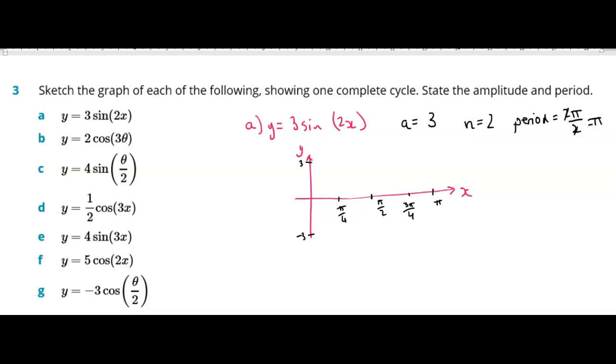That is the easiest way to do it, because the shape is the same, except for when we move it left or right. Okay, so that comes a little bit harder, but we always start with a sine graph, start at 0. We have our maximum turning point at pi on 4. It crosses the x-axis at pi on 2. Then down here at 3 pi on 4, and then back at pi.